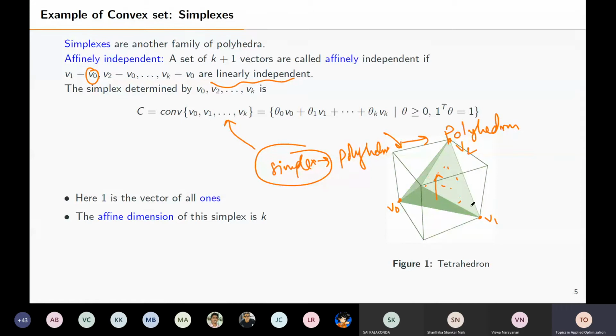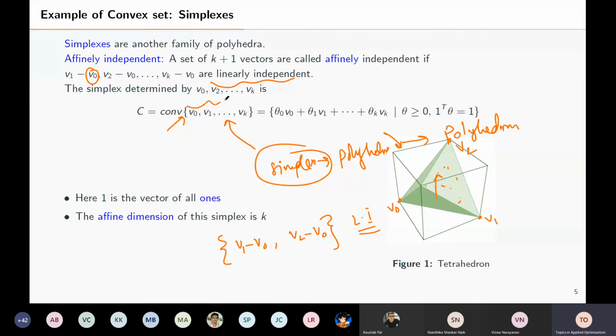Okay, so to generate a simplex, you have to make sure that V1 minus V0 and V2 minus V0, let us say, I fix one of these, and then this should be linearly independent. If this is linearly independent, then I will go ahead and form a convex combination, and that will always give me a simplex. And the dimension of that simplex will be k, not k plus 1.